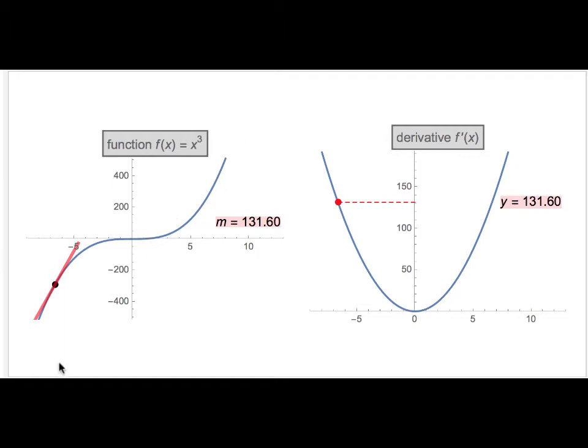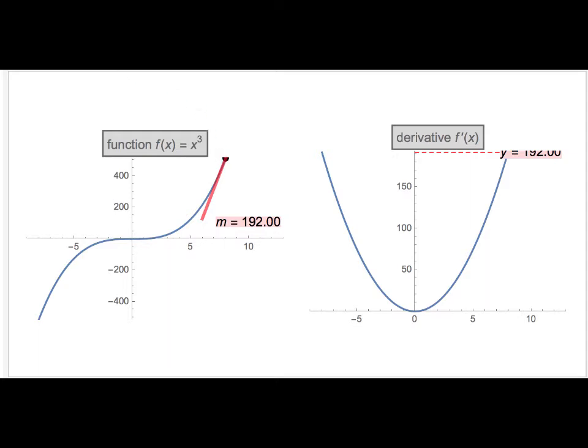So let's look at a basic cubic function. My f of x this time is x cubed. I'm just going to trace a few points on this graph, and it's going to be plotted onto my second graph, my derivative graph. I'm using the same x values, but on my derivative graph, my y value is the slope of that red tangent line.